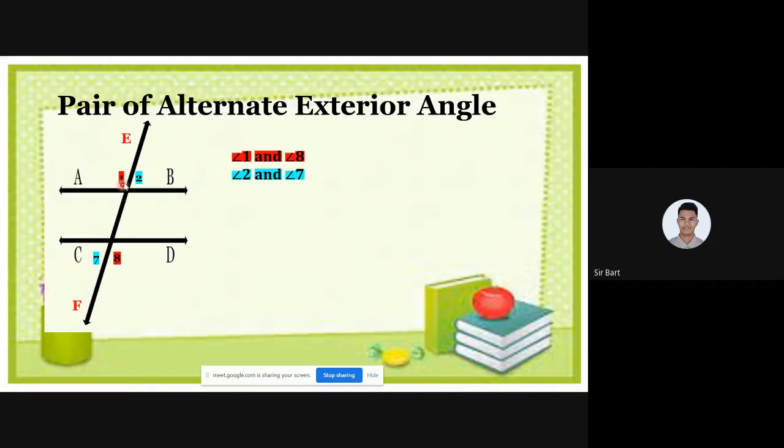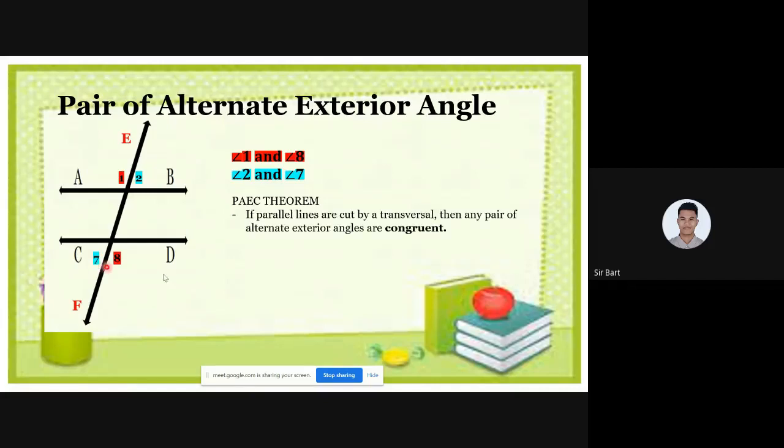As you can see, naglagay na ako ng red mark dito para makita nyo kung nasaan yung pair of alternate exterior angle. So sa angle 2, ang pair niya is angle 7. We have the PAEA Theorem or pair of alternate exterior angle theorem.